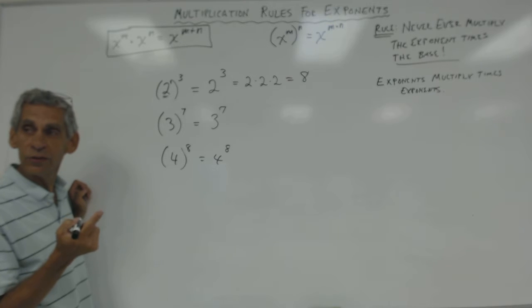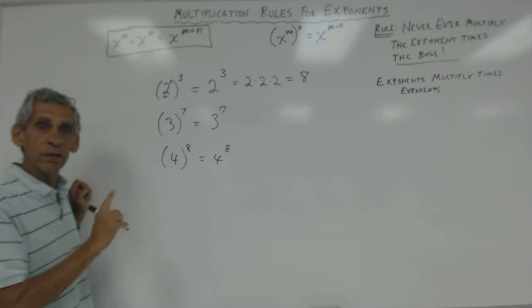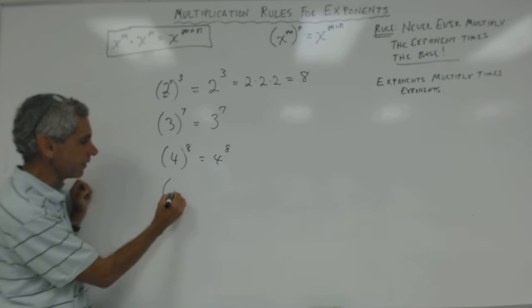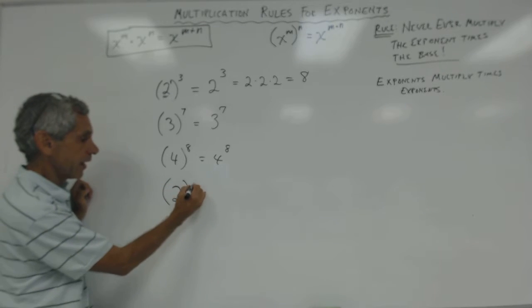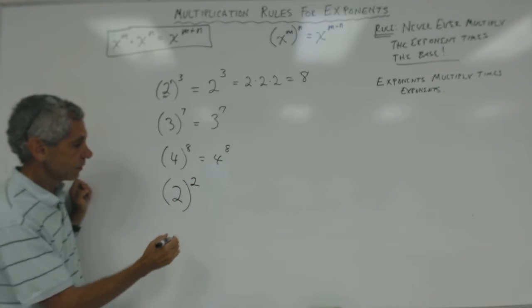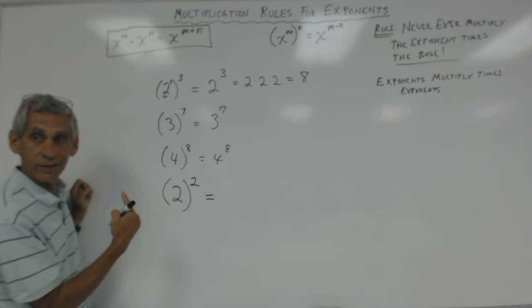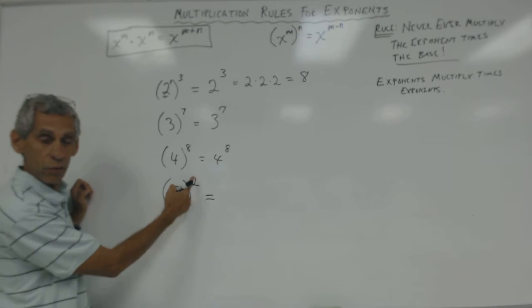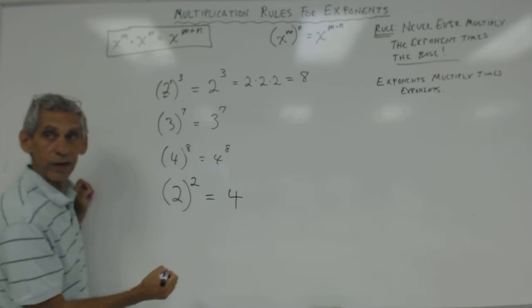If you base your entire method on doing this, like if I had the base as a 2 and the exponent as a 2, I could say 2 times 2 is 4, and that would be the right answer, but I did it wrong.